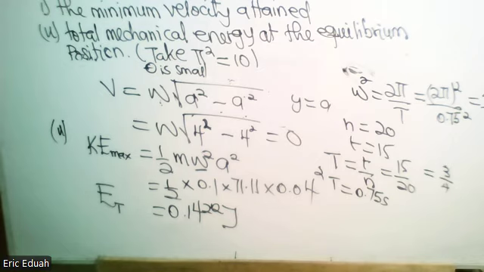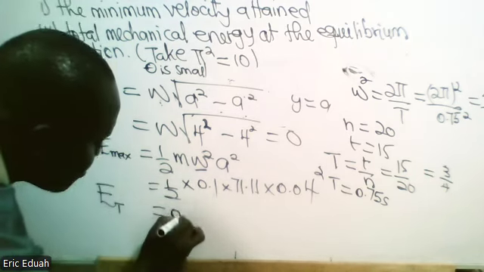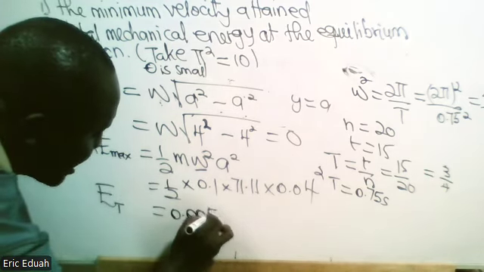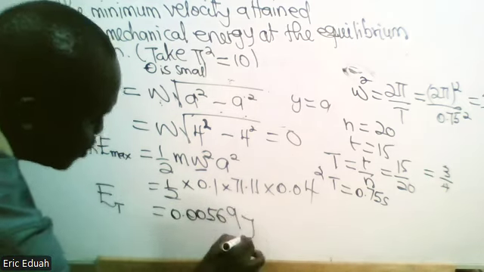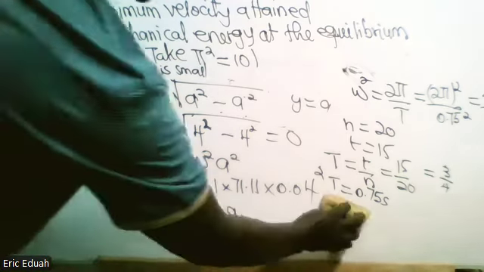This is giving us that divided by 2. And we'll have 0.00569. Thanks for the correction.